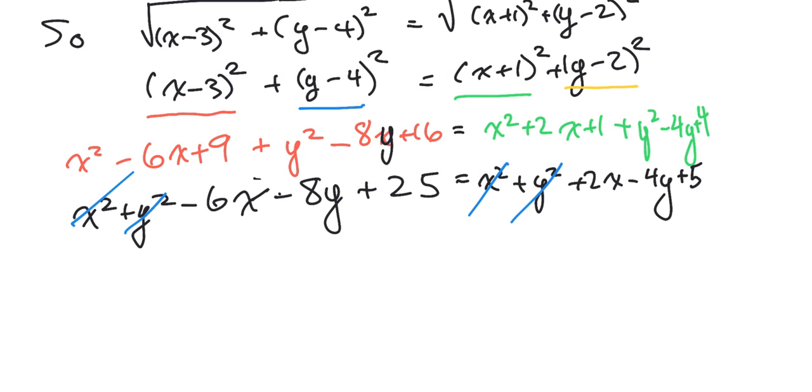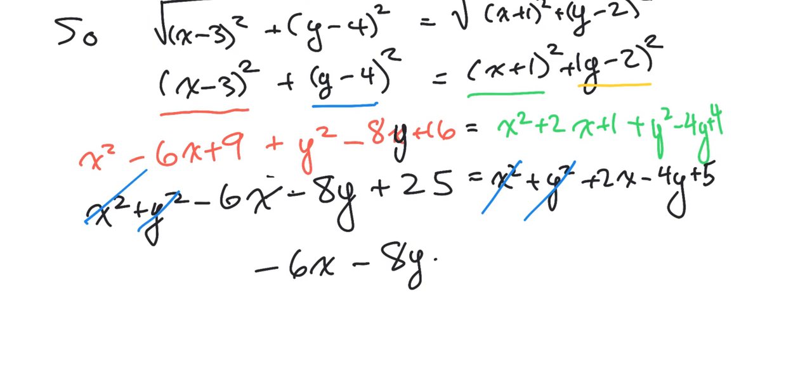So we're left with, on this side of my equation, negative 6x minus 8y plus 25 is equal to, on the right side, plus 2x, minus 4y, and plus 5.